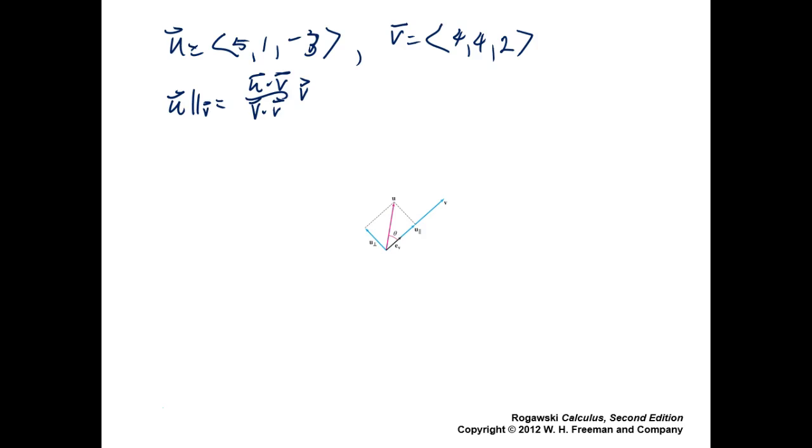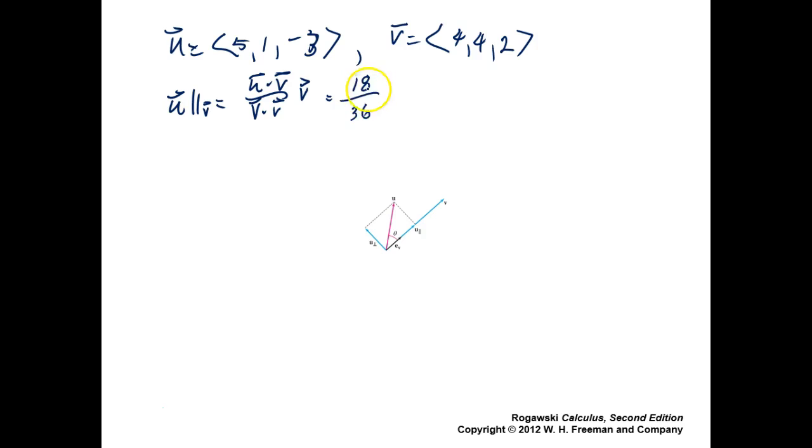Now, let's see what that turns out being. What's U dot V? 24 minus 6, 18, over V dot V, 36, which is 1/2, right?